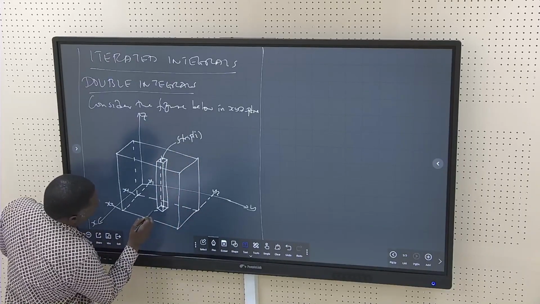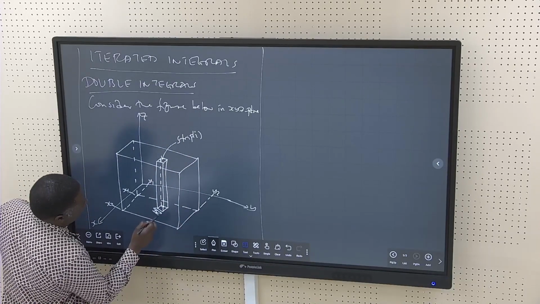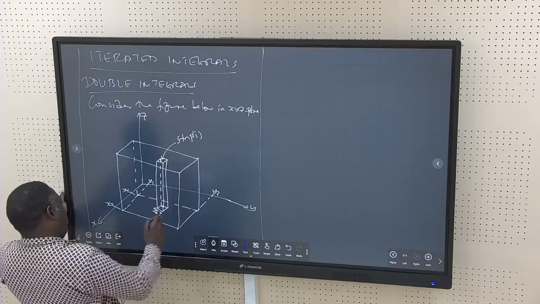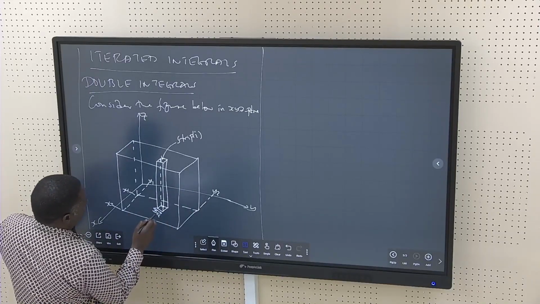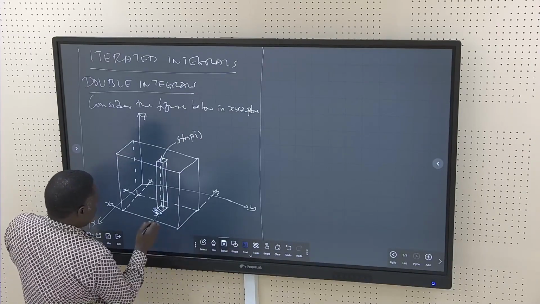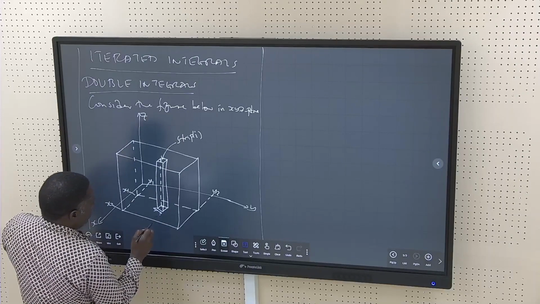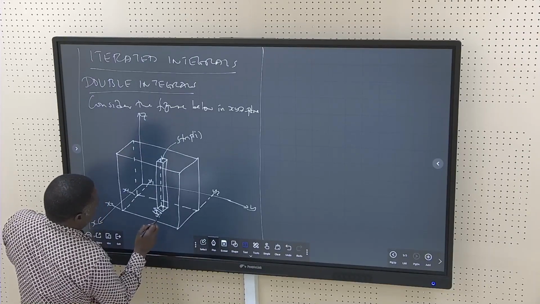So the dimension here, this is delta x i. And this one is from here to here, this is delta y i.